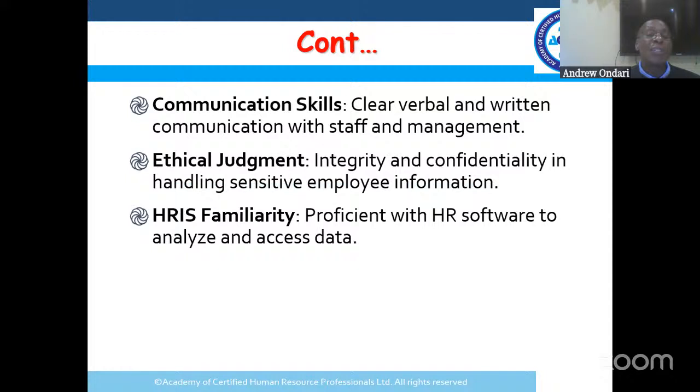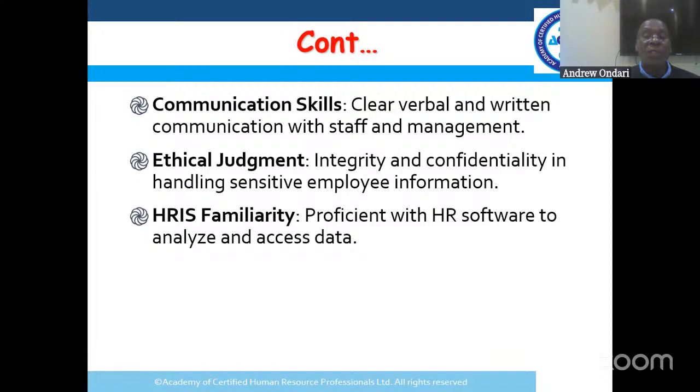There's also the element of communication as a requirement. HR managers should be excellent communicators. We communicate a lot of information, both verbally and in writing. So in communication, HR managers should communicate about performance, communicate about recruitment, about training, because without this communication, the other employees may not be aware of what is going on or happening in the HR department.